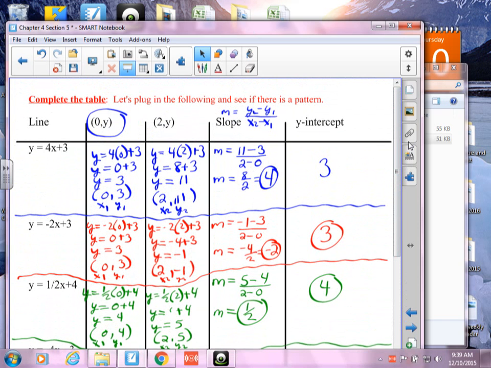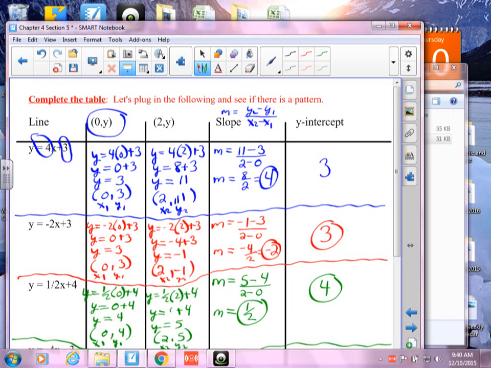Where do you see it in the equation at the beginning? Oh, it's the first number. It's the number in front of x right here. And my y-intercept that was hooked up with the 0, 3, where do you notice that is? It's at the very end, isn't it? It's the 3 at the very end. It's this one right here.